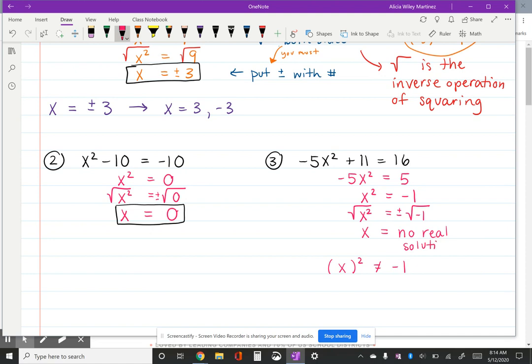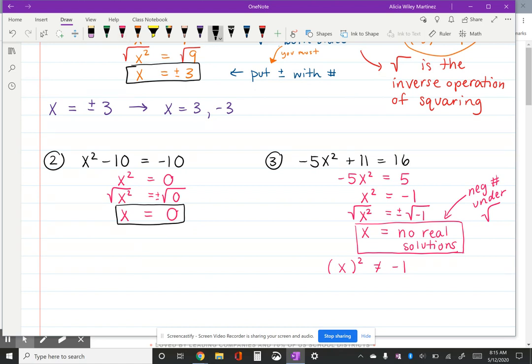When you get to higher levels of mathematics, you come to understand that there are solutions, they're just not real solutions. So anytime you are square rooting both sides and you get a negative number under the square root, this is going to be your answer. Your answer is going to be x equals no real solutions.